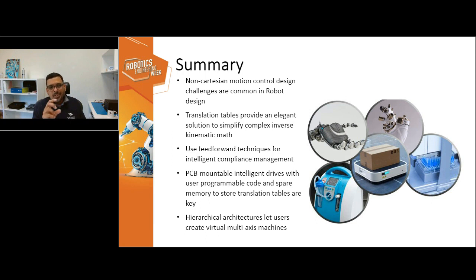And at the end, we looked at the latest product from PMD, a PCB mountable intelligent drive, which provides user programmable code where you can program all these translation tables, store them, and ship it as that. We also introduced the idea of hierarchical architecture where you can have the remote axes on the expansion network. So with that, I would hand it back to Dan for Q&A.